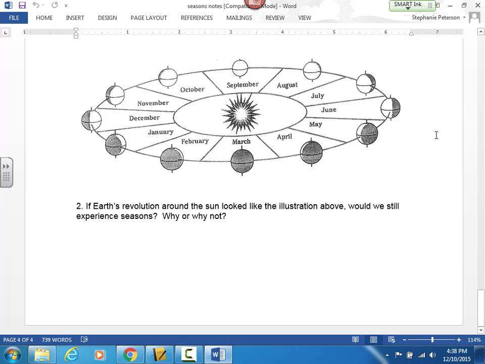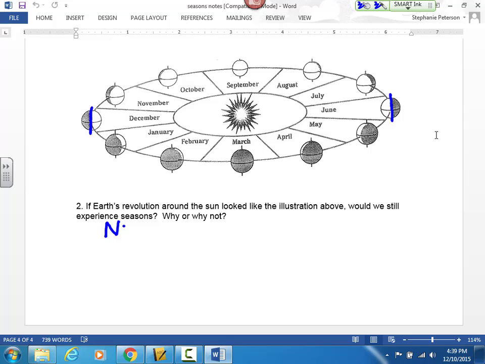Last picture. If Earth's revolution around the sun looked like the illustration above, would we still experience seasons? Why or why not? You have to notice what's different about this picture compared to the first one. This picture doesn't have a tilted axis. In this picture, everywhere on the picture, Earth's axis is straight up and down. So if Earth's axis is straight up and down, neither hemisphere tilts towards or away.